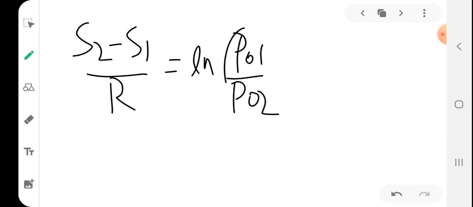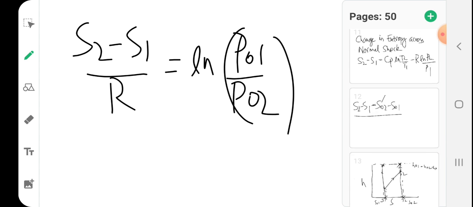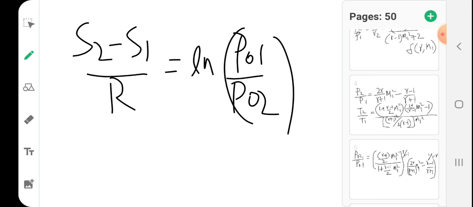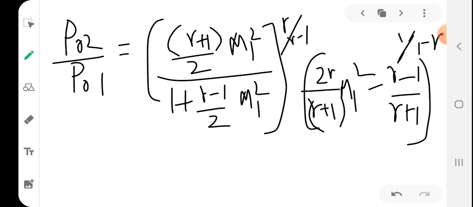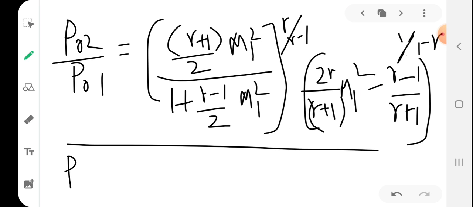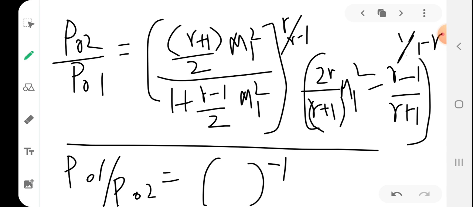Very important, you already have the expression for the ratio of stagnation pressures. You remember I have already written it in the initial slides. So this is P02 by P01, and P01 by P02 will be this whole value raised to minus 1. I will be substituting those values here.